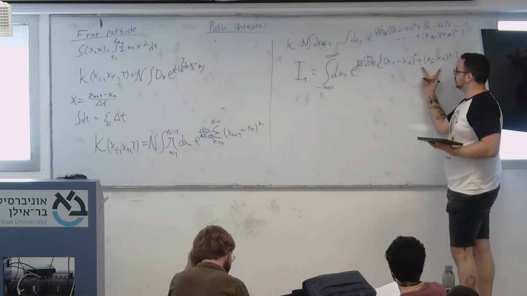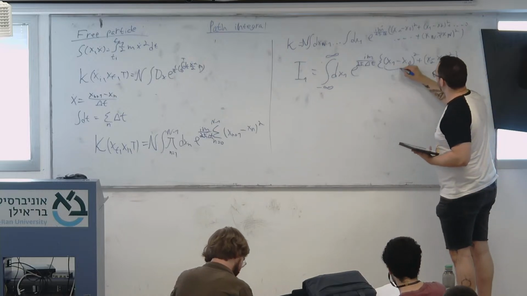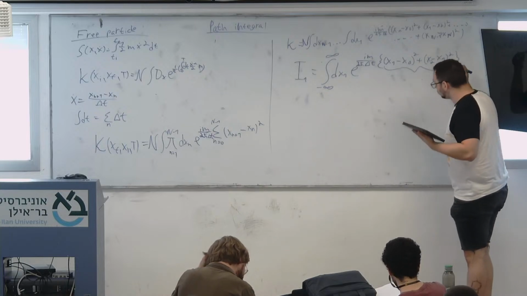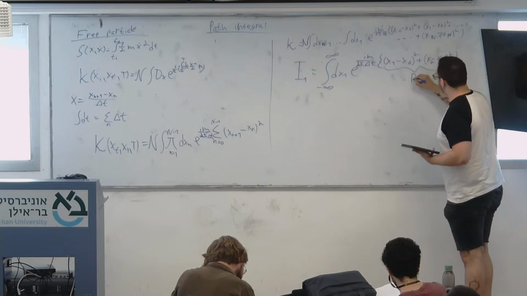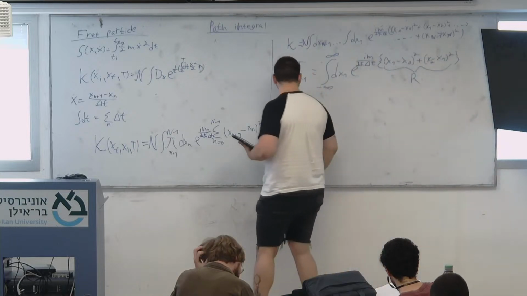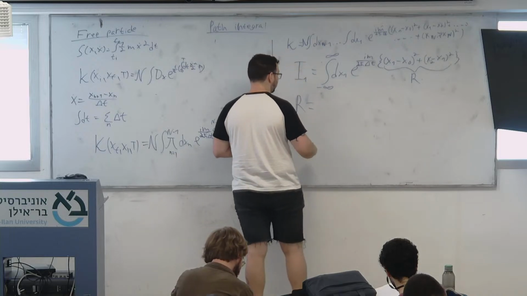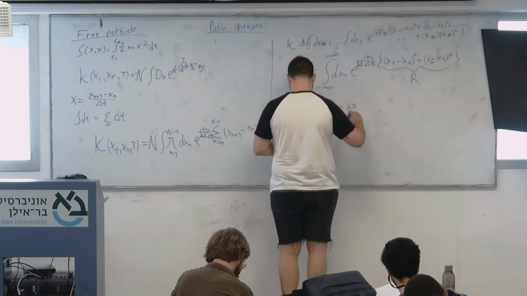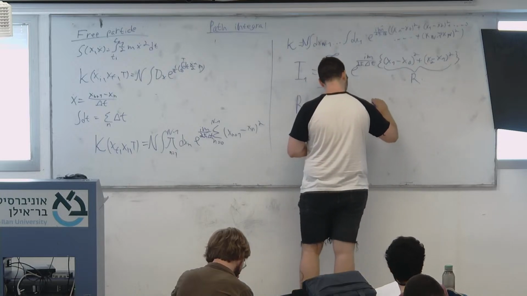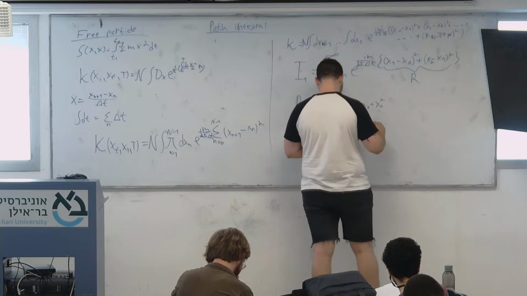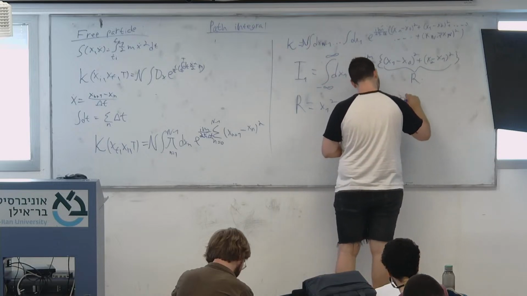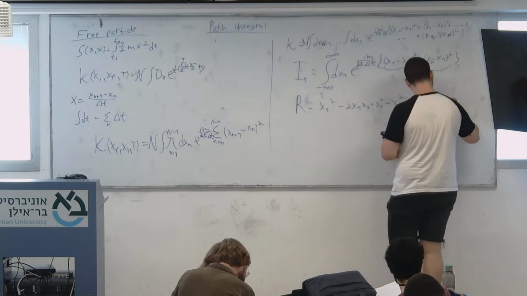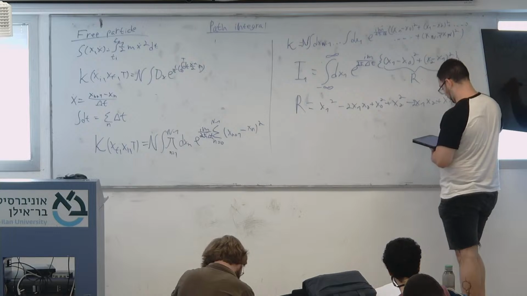Let me just open up this part here. I'm going to call it R. R is equal to x1 squared minus 2 x1 x0 plus x0 squared plus x2 squared minus 2 x1 x2 plus x1 squared.